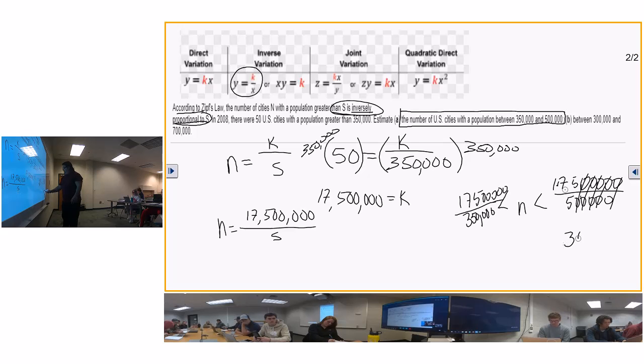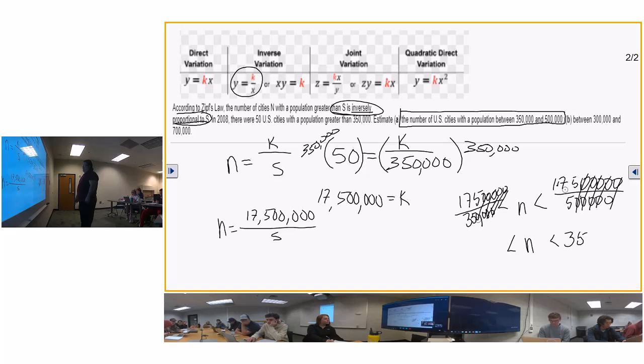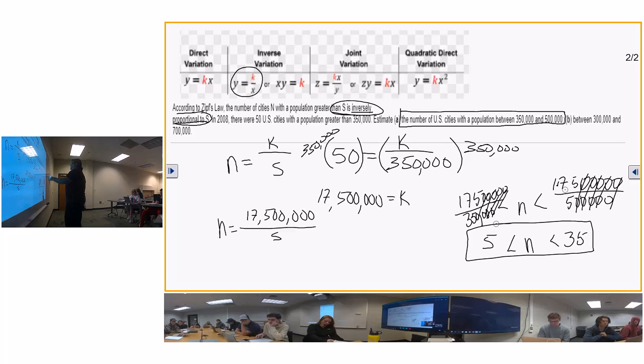That'll be 5. That's going to be 1750 over 35. What's 1750 over 35? 50. Between 35 and 50 cities.